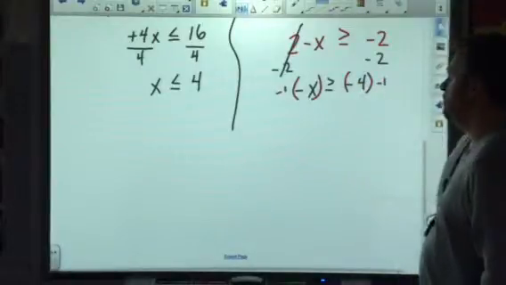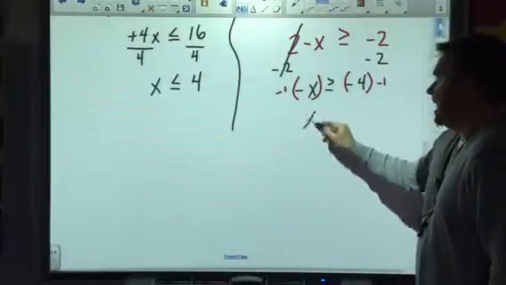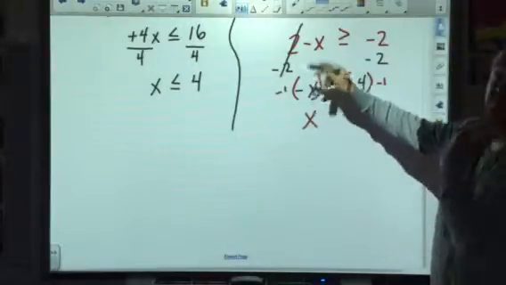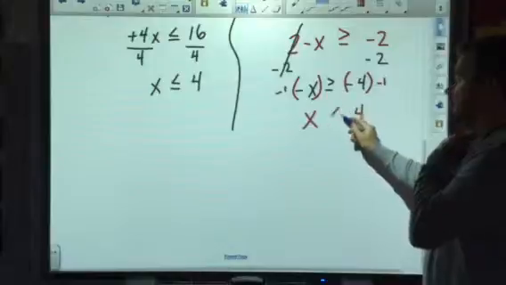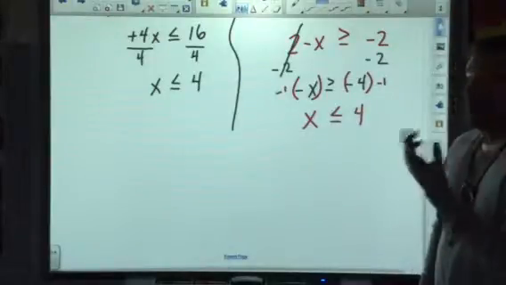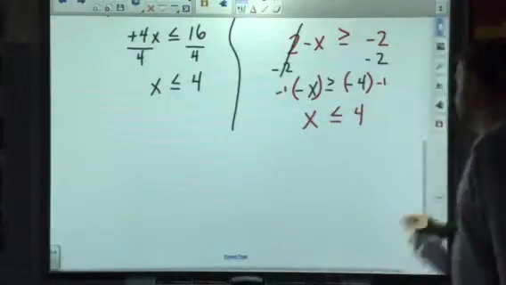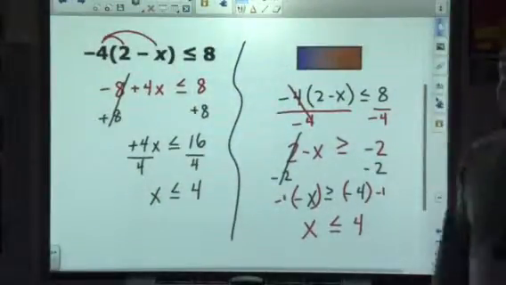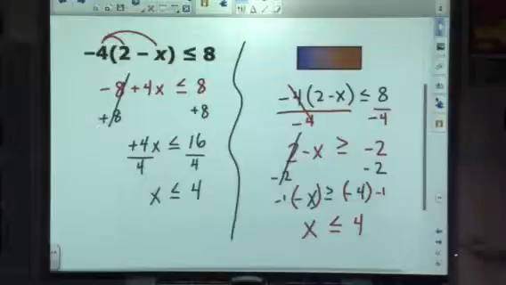Multiply by -1, so we're left with x. On the right side we're left with 4. And then notice, because we multiplied both sides by a negative again, our inequality is going to get flipped back one more time. So really, it depends on how you look at this problem to decide how you want to actually tackle it.